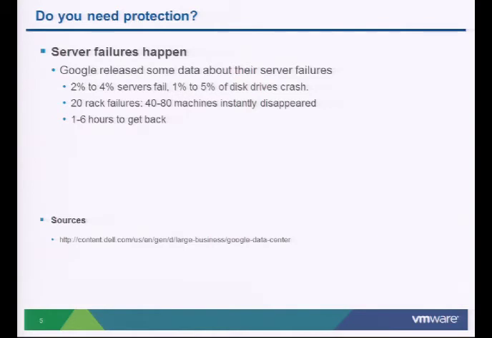And for these server machines to be back up online, there are times when they see as much as 6 hours of downtime. So the question really is, in such situations, what can you do so that you can mitigate the problem? Or in general, what can you do so that you can have the best availability possible and your workloads and virtual machines are always up and running?